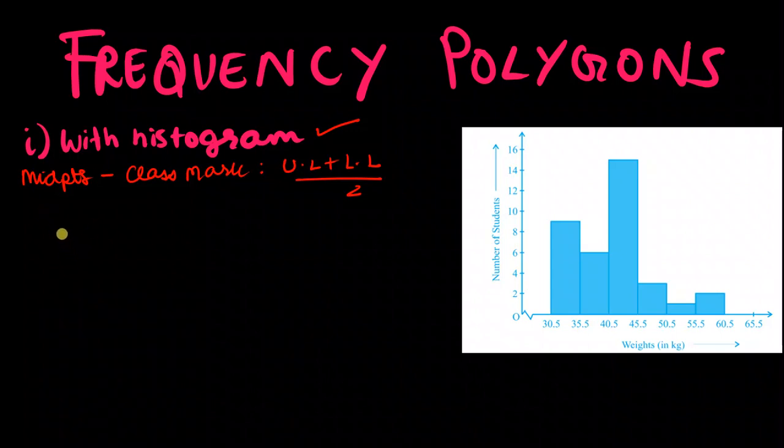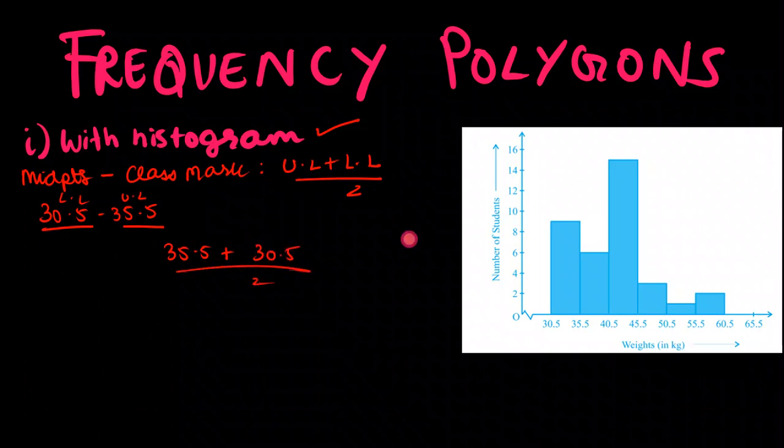Now basically let us first take the interval 30.5 to 35.5. If you have to find the midpoint of this, you know this is the lower limit and this is the upper limit. So upper limit will be 35.5 plus lower limit 30.5, divided by 2.